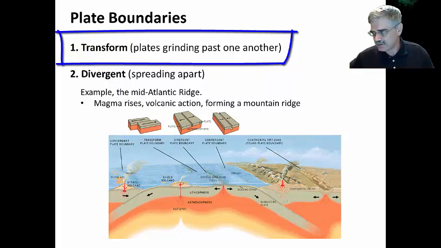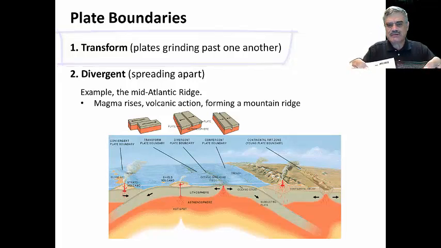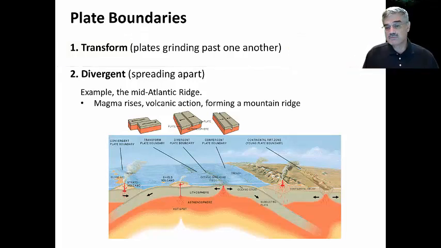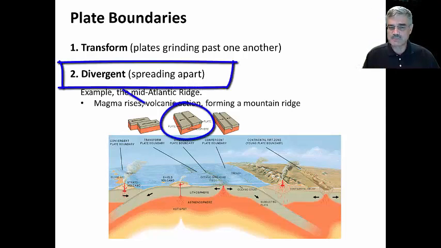I'll take a couple of books here, and when they slide past each other, the result will be earthquakes or volcanoes as a result of the release of energy when this sliding and grinding past each other occurs. A second type of phenomenon is the divergence or the spreading of the boundaries.